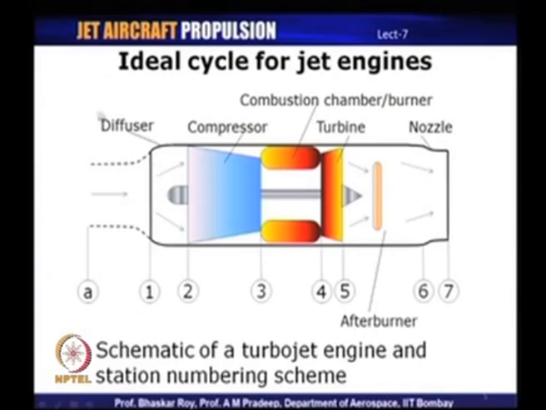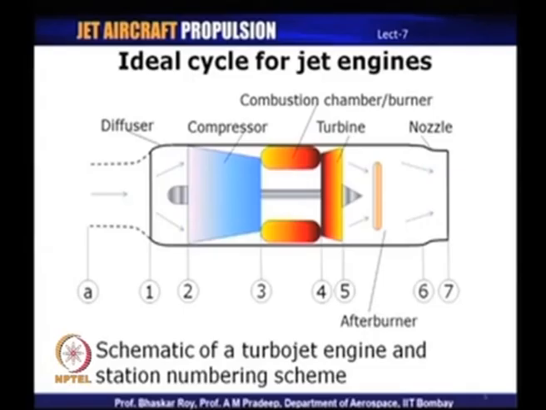Now, the first component of a turbojet engine is known as a diffuser. The diffuser is a component which decelerates the air to velocities which are suitable for the operation of a compressor. So, the diffuser is followed by a compressor, and then the compressor delivers compressed air into the combustion chamber, where ignition takes place and fuel is added, and this is where heat addition in this Brayton cycle takes place.